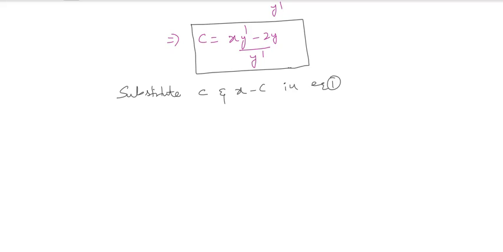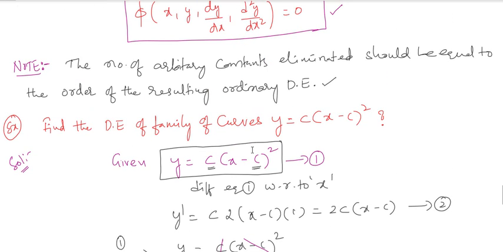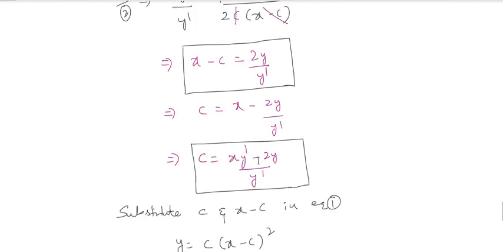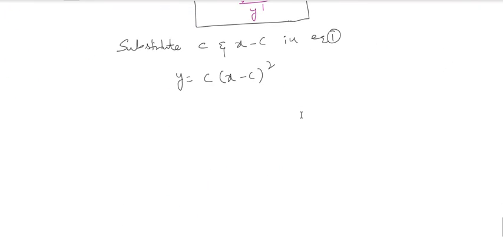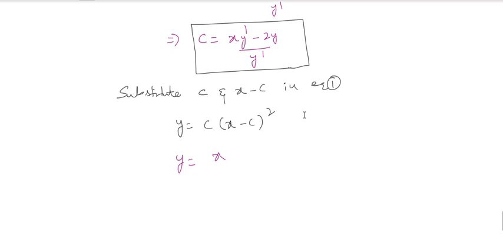So what will you get here? Check it out. Equation 1 is y is equivalent to c into (x minus c) whole square. Am I correct or wrong? So if I substitute these values, y is equivalent to c, which is (x y dash minus 2y) divided by y dash, this is my c value, into (x minus c) whole square. x minus c is 2y by y dash.